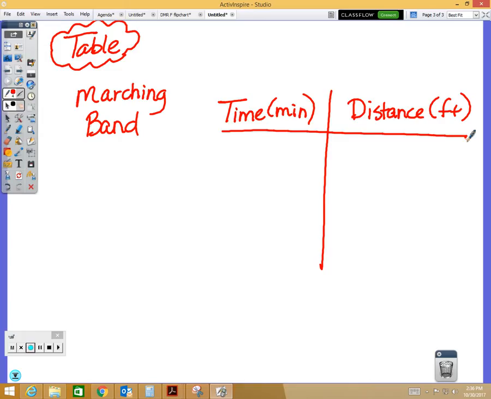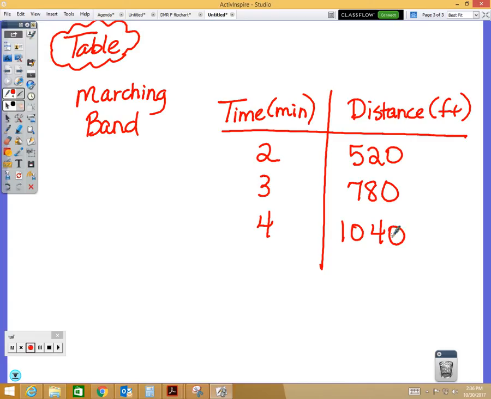Let's say in 2 minutes, the distance they go is 520. In 3 minutes, it's 780 feet. In 4 minutes, it's 1,040 feet.